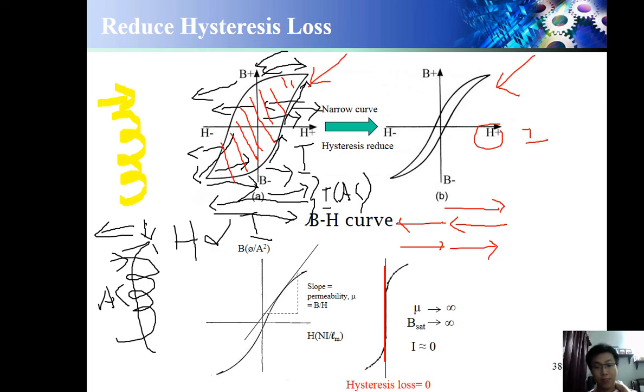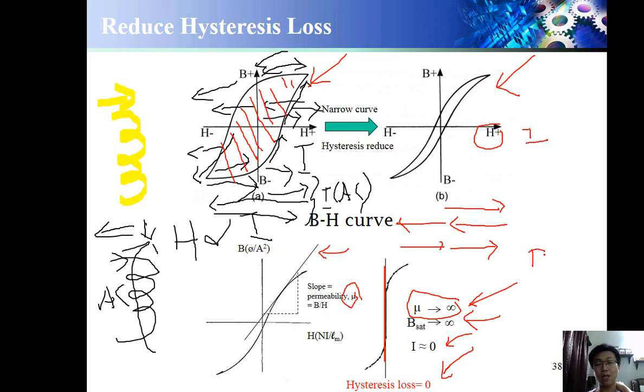For example, if my mu is infinity, actually my hysteresis will be 0. With mu infinity, saturation will also be infinity. Once it is infinity, my current will be 0 and hysteresis will be 0. In this BH curve, the slope will give us the mu value.